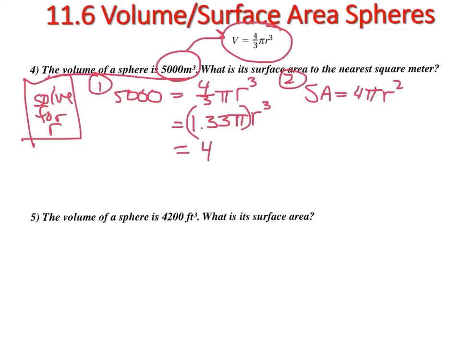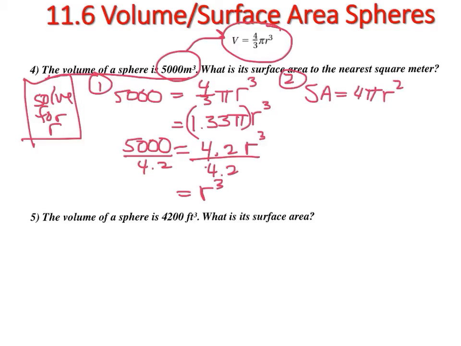So it's really 4.2 r to the third equals 5,000. So now when I divide by 4.2, I will get r to the third equals 5,000 divided by 4.2.